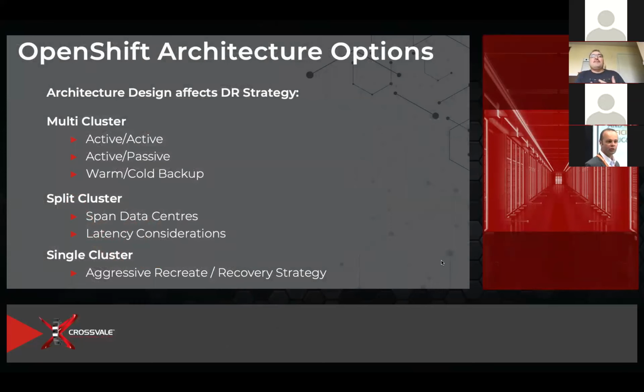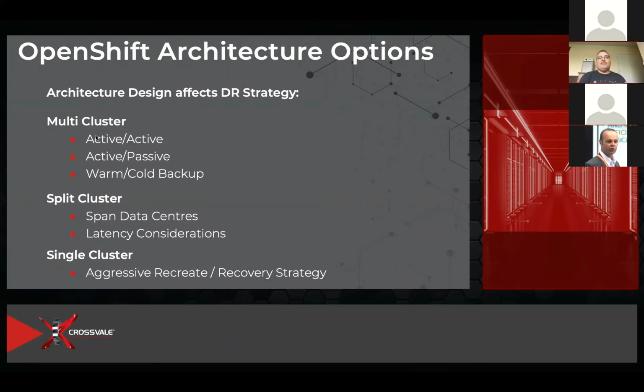So we'll just talk about, right off the get-go, what are your options here? We can talk about having multiple clusters, architecting our clusters in certain ways in order to span them across our data centers, or, if we are stuck with a single cluster, how do we manage that?